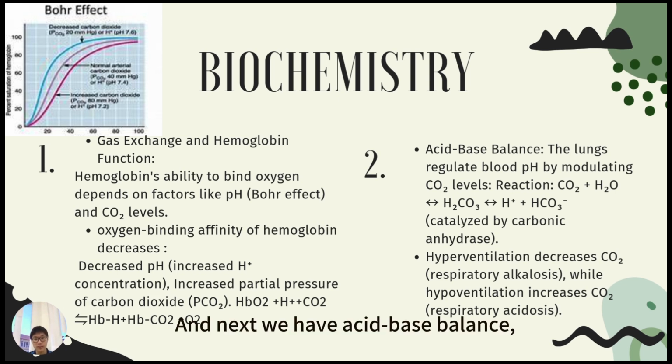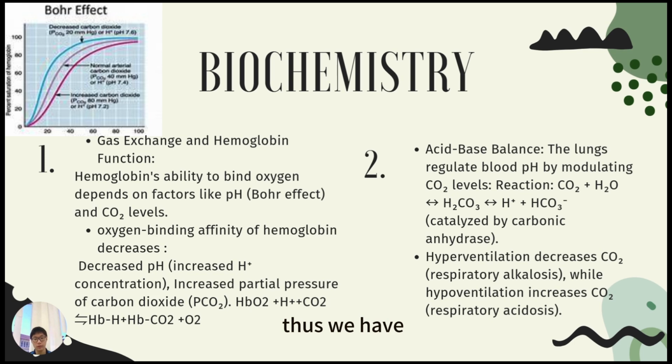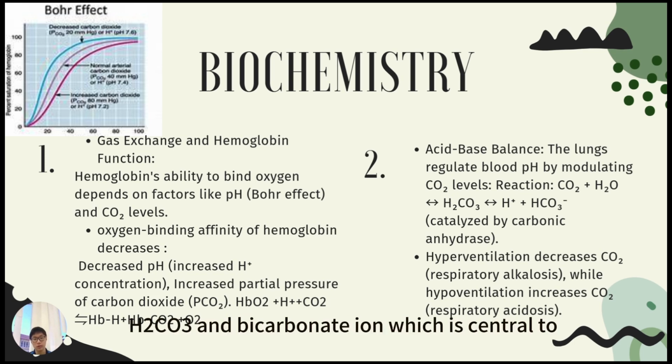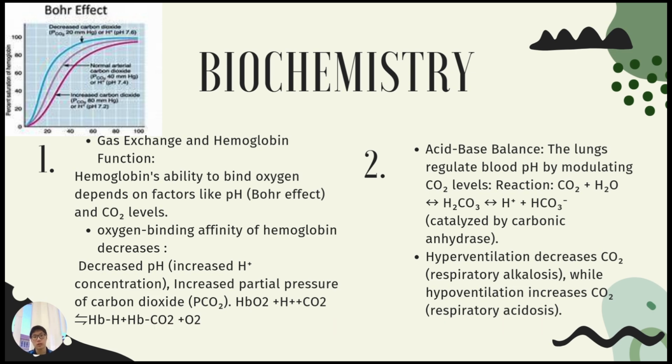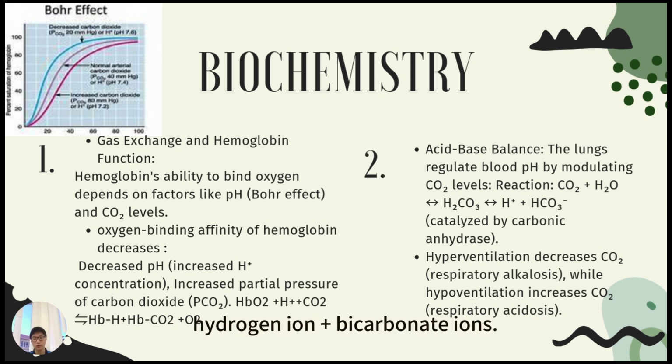And next, we have acid-base balance. The lungs regulate blood pH by modulating CO2 levels. The equilibrium between carbon dioxide, H2CO3, and bicarbonate ion is central to pH regulation. We have a formula: CO2 + H2O ⇌ H2CO3 ⇌ H+ + HCO3-.